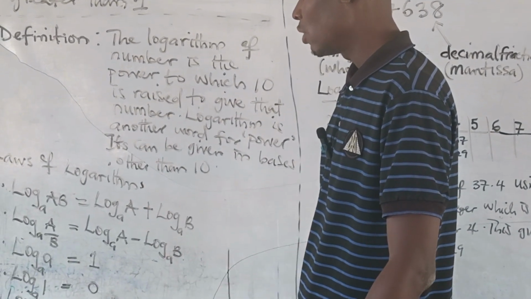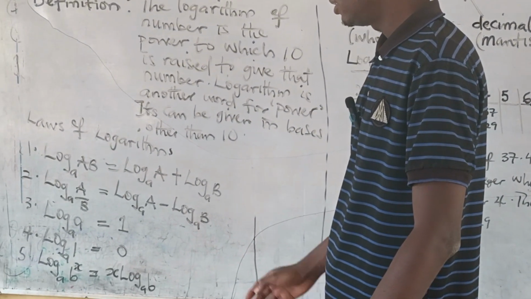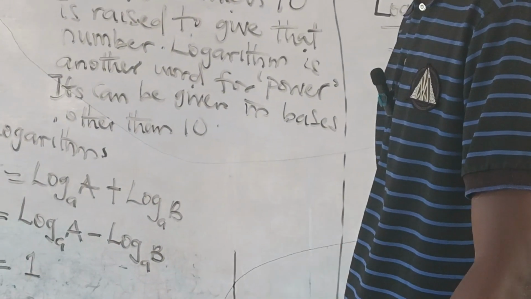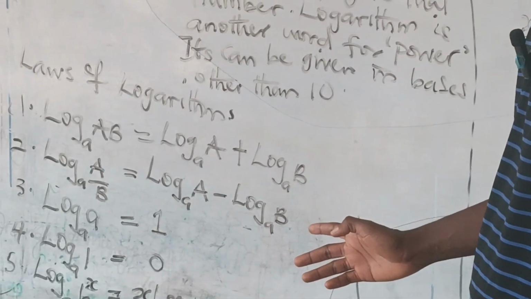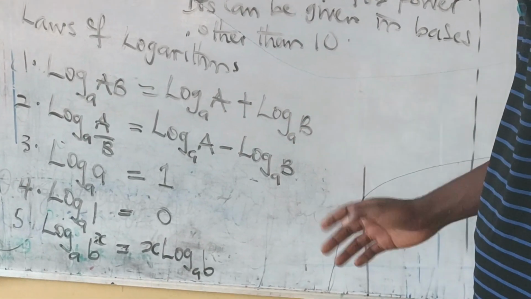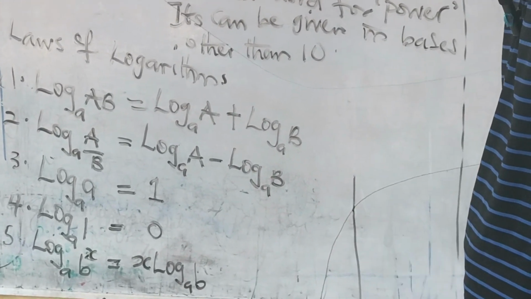If you have log A base A, this is going to give us 1. Then if you have log 1 base A, it's going to give us 0.